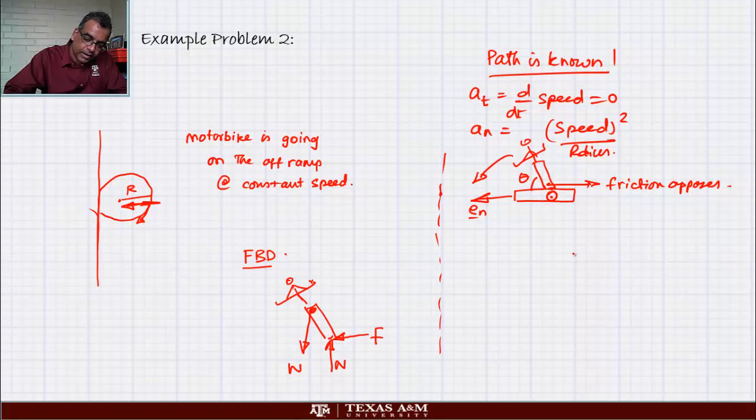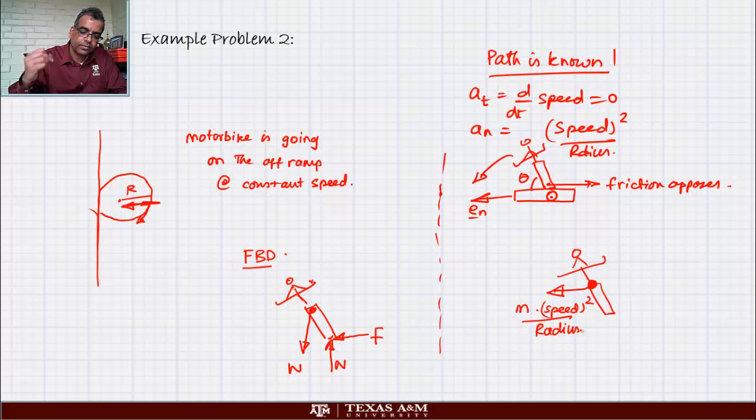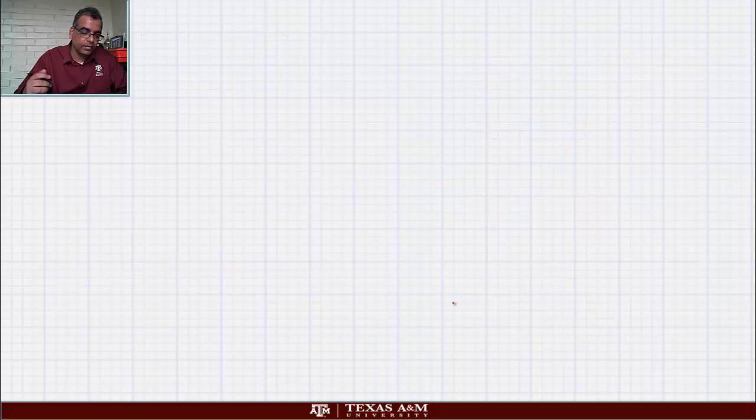So our kinetic diagram will look like this: mass times speed squared divided by radius. Okay, so this must be equal to that. So let's see if you can solve this thing.